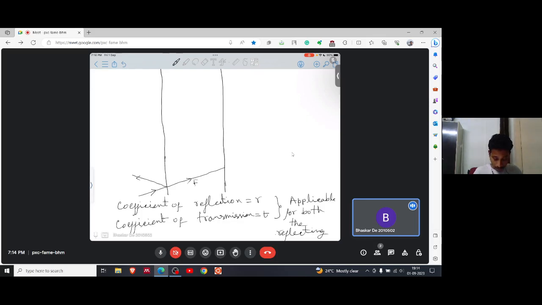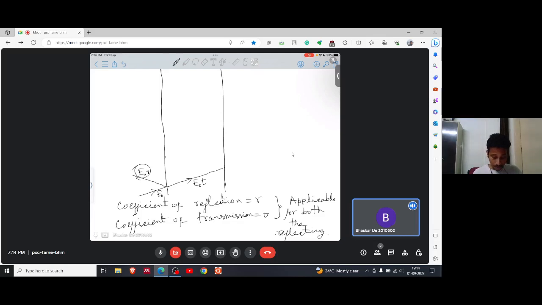If this beam has amplitude E naught, then the transmitted beam will have amplitude E naught T, and the reflected beam will have amplitude E naught R. E naught R is not coming inside the cavity, so we will not bother about this beam for now, but E naught T is coming inside the cavity.